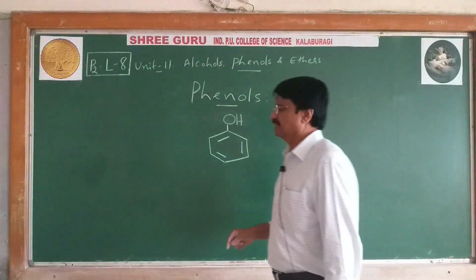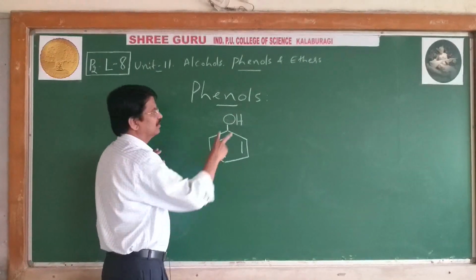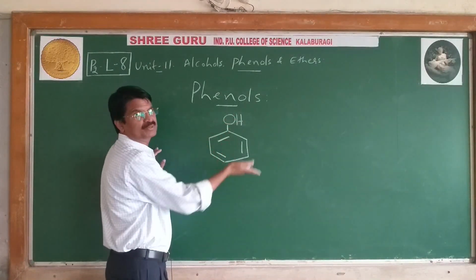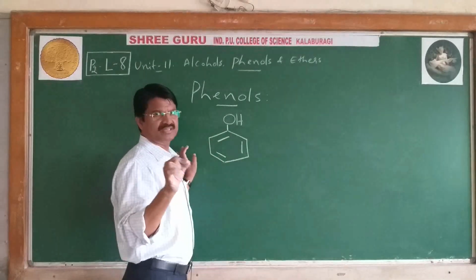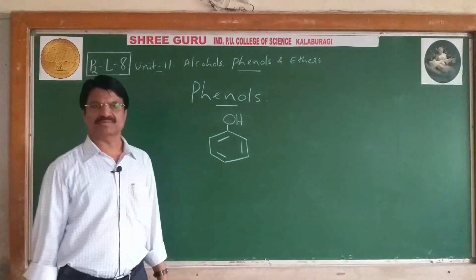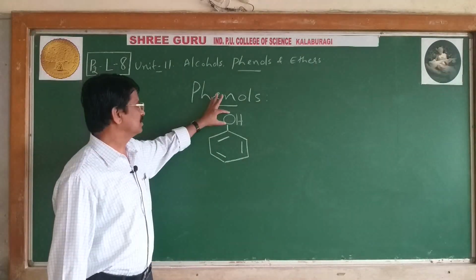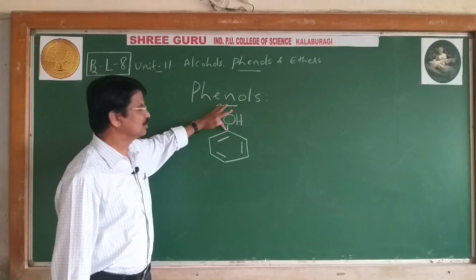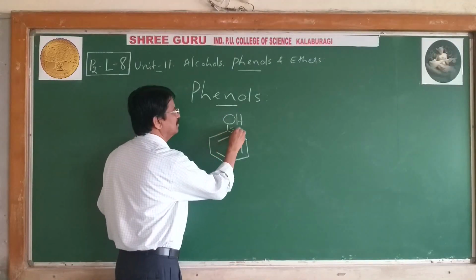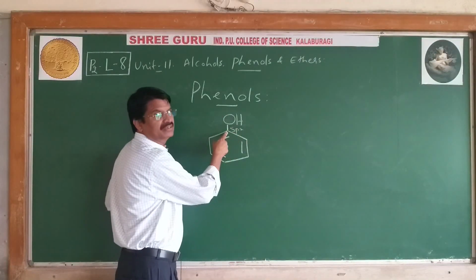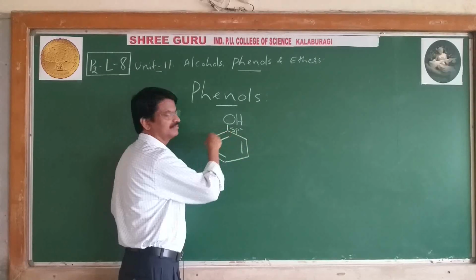Okay. Now we can define what phenols are. Hydroxy derivatives of aromatic hydrocarbons, in which the hydroxyl group is directly attached to an sp2 hybridized carbon of the aromatic ring.